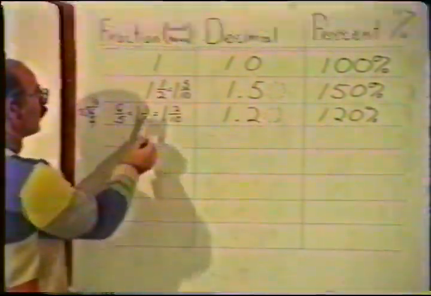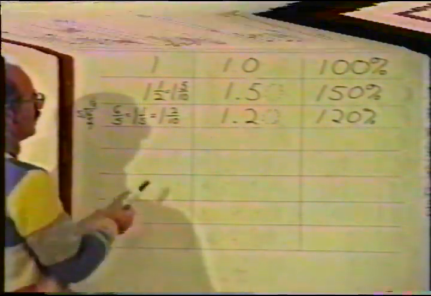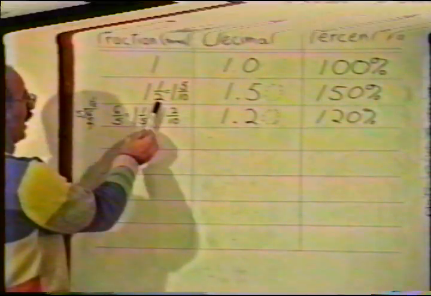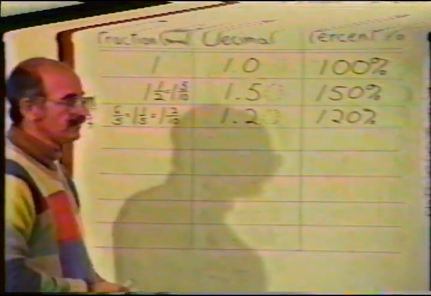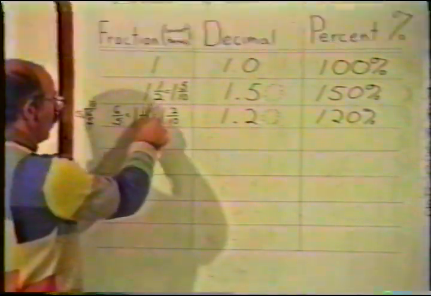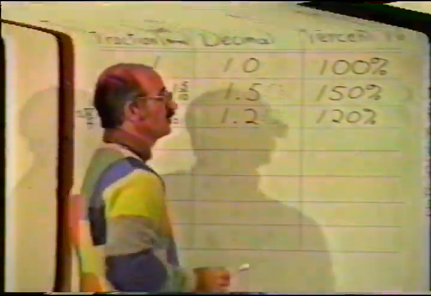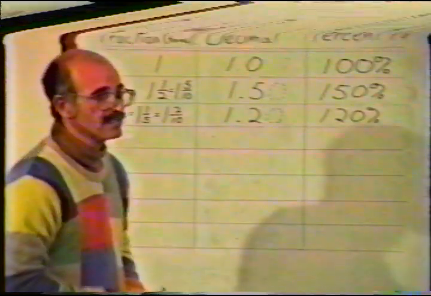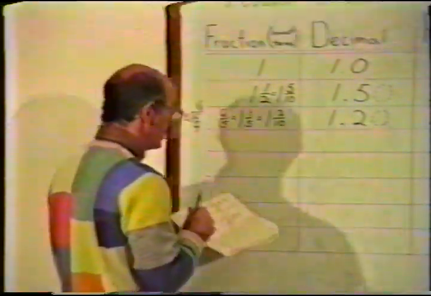And on the other one, 1 1/2. How much percent is the 1? 100. How much percent is the 1/2? 50. And how much are they all together? 150. So that is a little shortcut that you can take to save yourselves some of these extra steps.